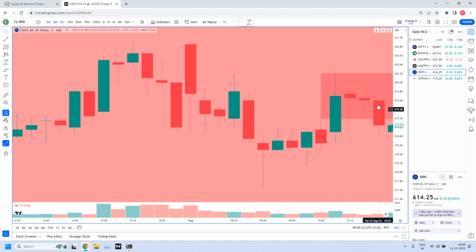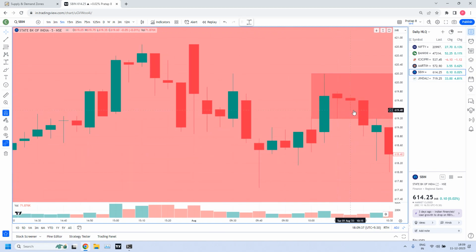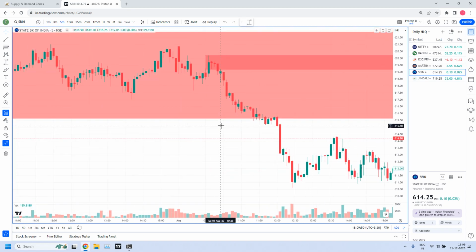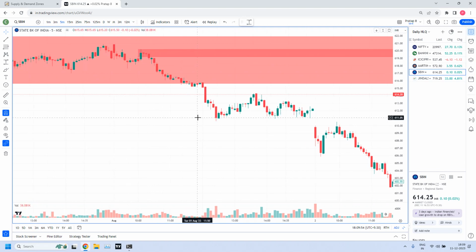A rally, two base candles, and a drop candle. This is the 5-minute zone. And the risk is minimized to the least level.